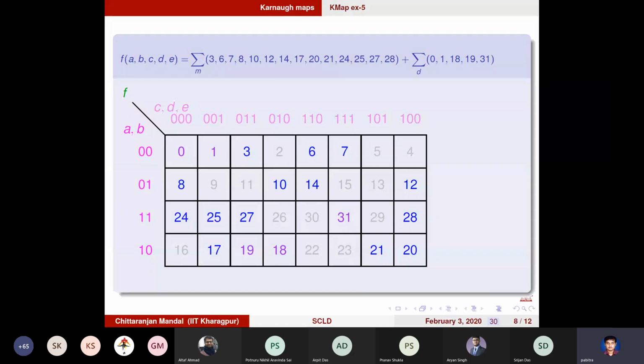So what I do is I also list them; I also sigma the don't cares. There is a reason for this. In this diagram, I have marked them in violet: 31, 19, 18, 1, 0. These are the don't cares.